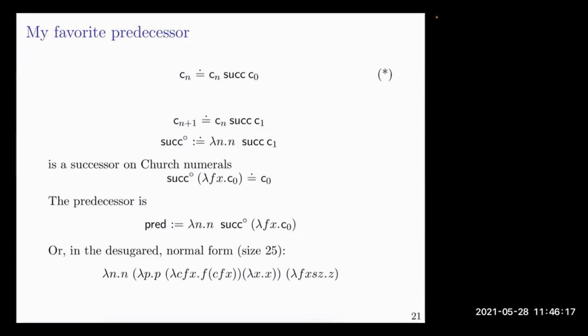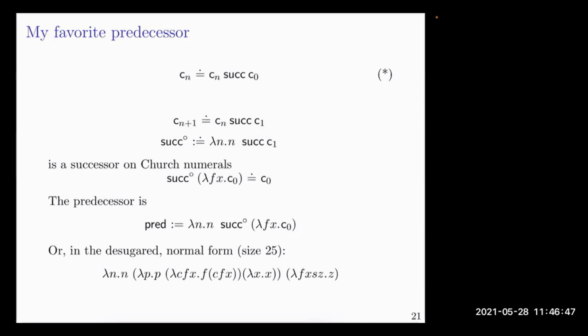I like it because in Types and Programming Languages, it takes half a page to explain the Kleene predecessor. It kind of explains how it works, but one might still have doubts whether it's correct or whether there is something missing.